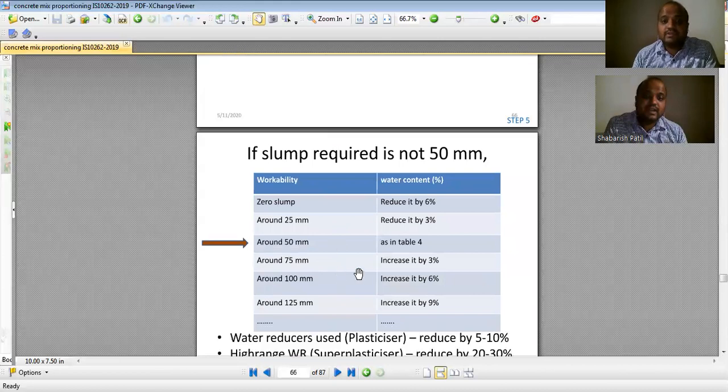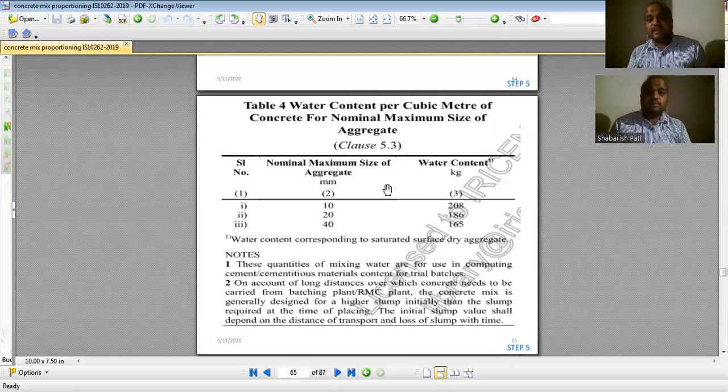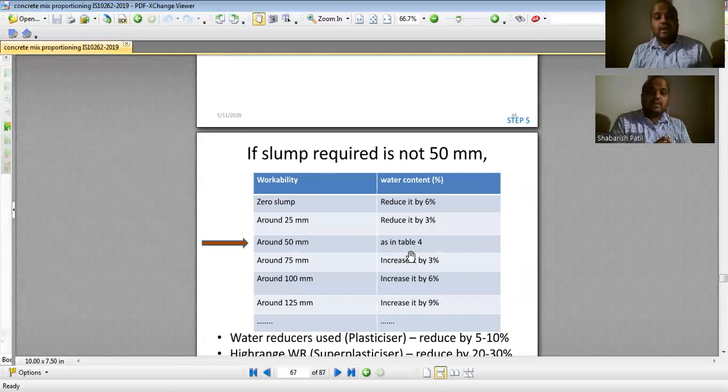If there is a next condition, this table is for type of the aggregate. Next, what I have is for the slump. Generally, my slump value depends on the placing conditions, where my slump value may be from 0 slump to 150 slump. What the IS code has given is the table number 4, and this is being standardized for slump of 50. What if I want to have a concrete of slump different other than 50, and then I'm supposed to make few more corrections.